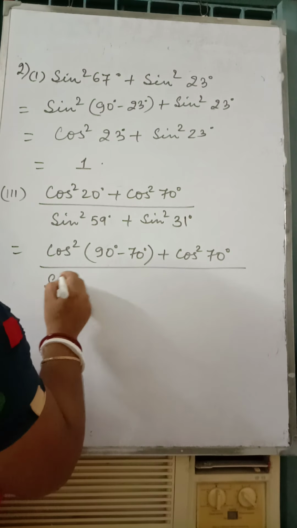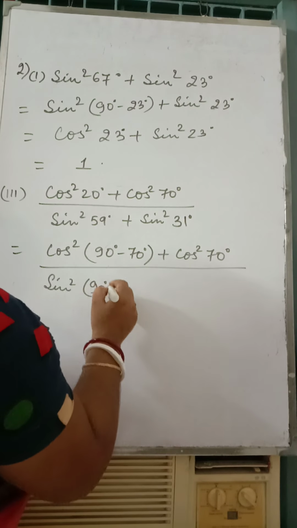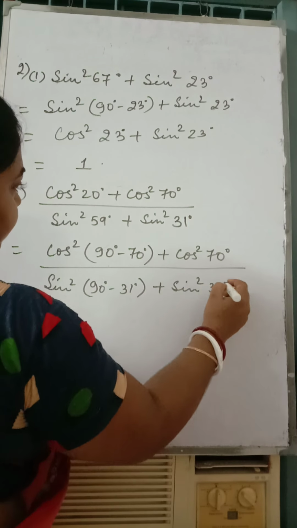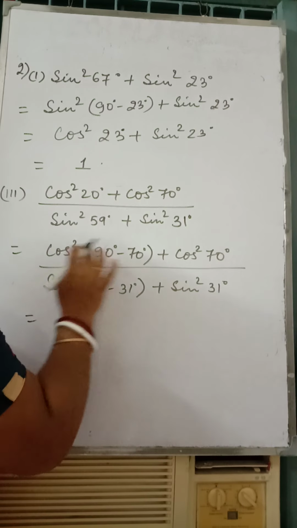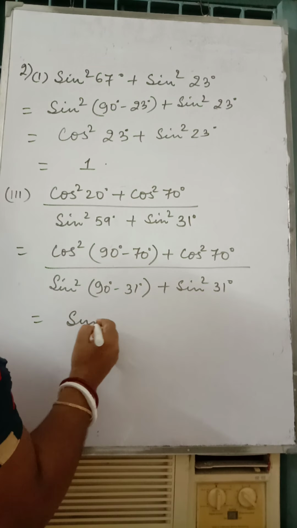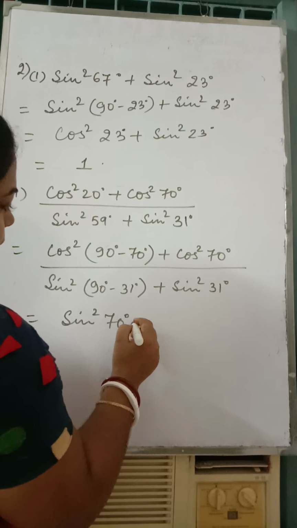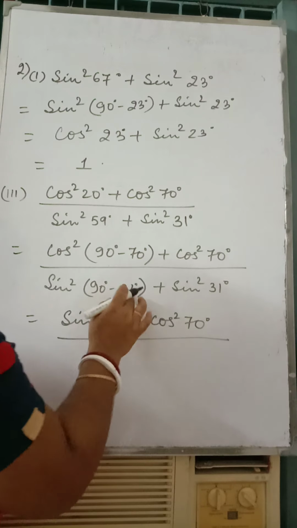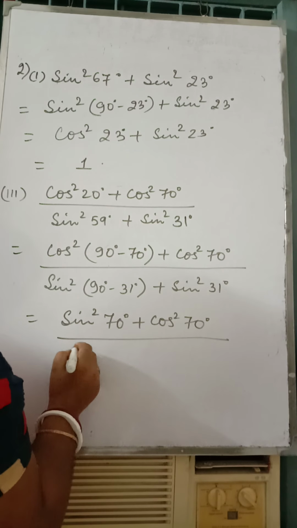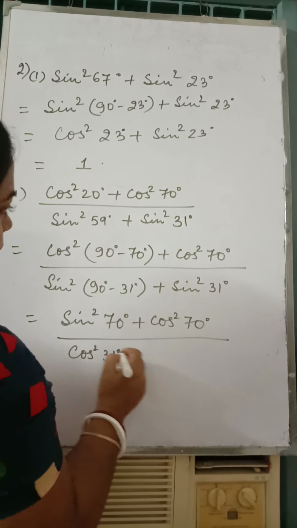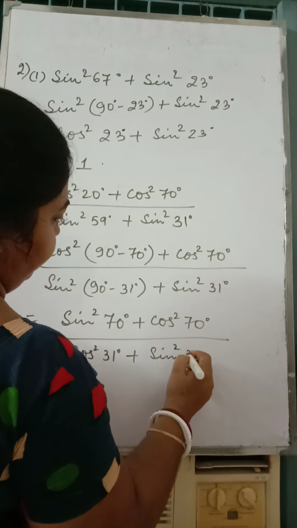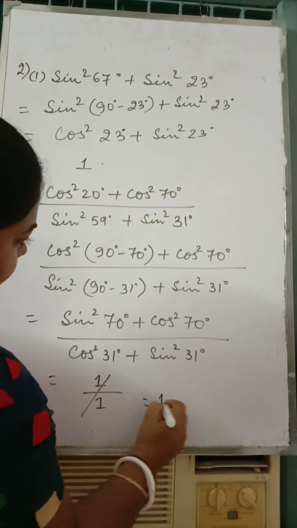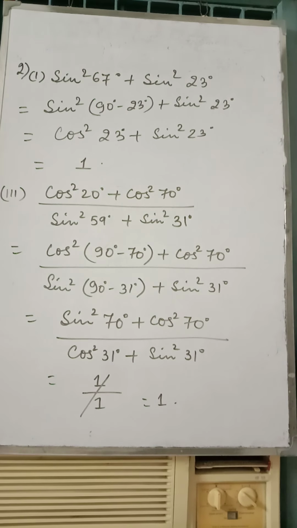Down we can write it as sine square 90 minus 31 degree plus sine square 31 degree. This only I have changed. So cos square 90 minus theta is equal to sine square theta. So sine square 70 degree plus cos square 70 degree. Sine square 90 minus theta is equal to cos square 31 degree plus sine square 31 degree, or 1 by 1, the answer is 1. This is 1 and 3 from question number 2.